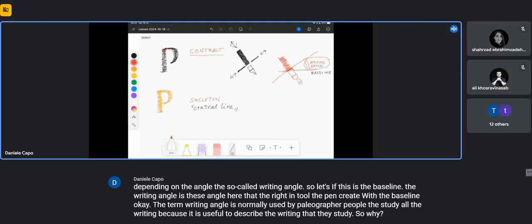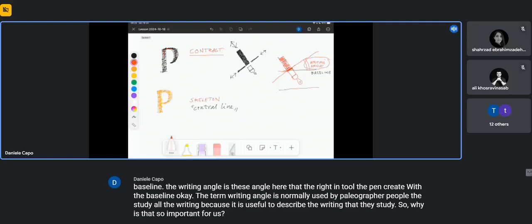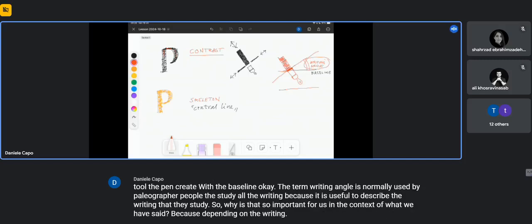So, why is that so important for us in the context of what we have said? Because depending on the writing angle, you can have very different effects.